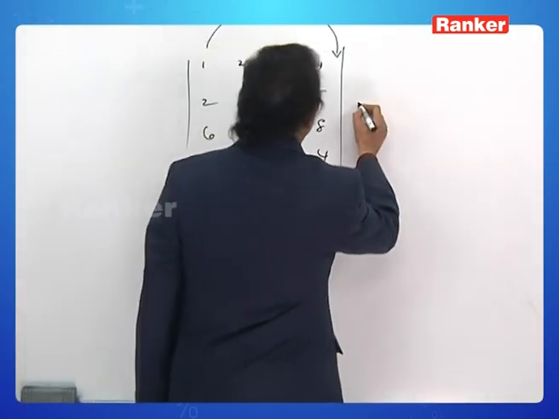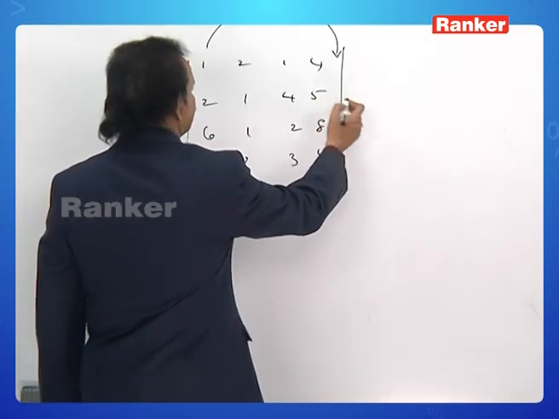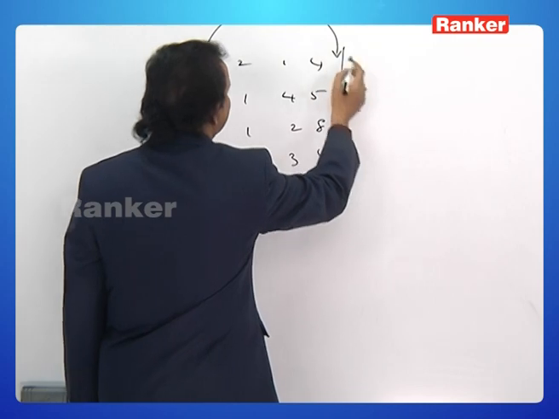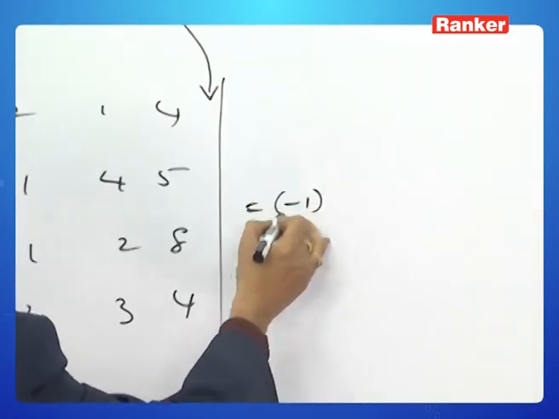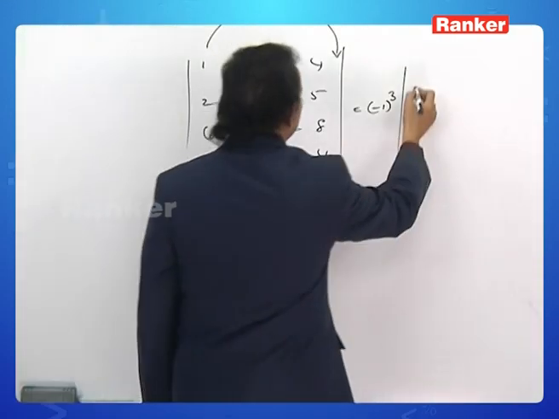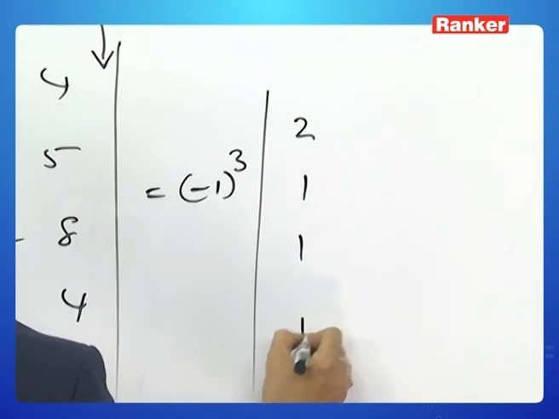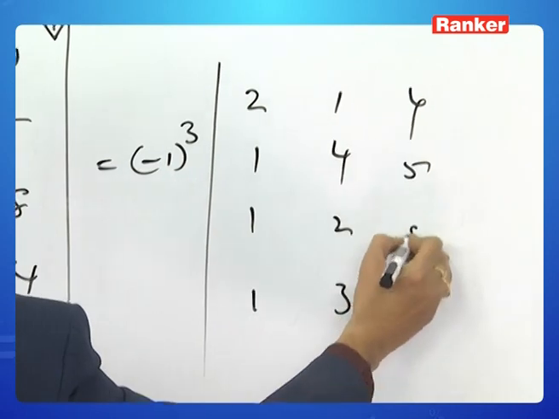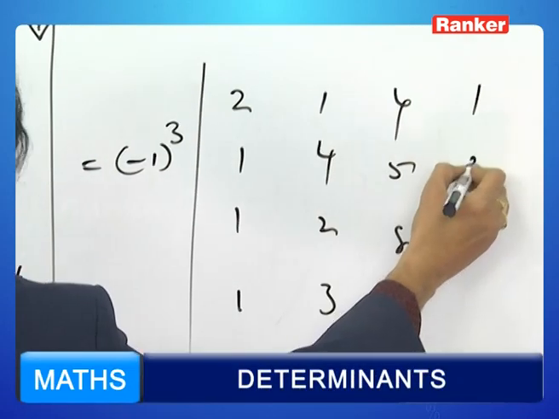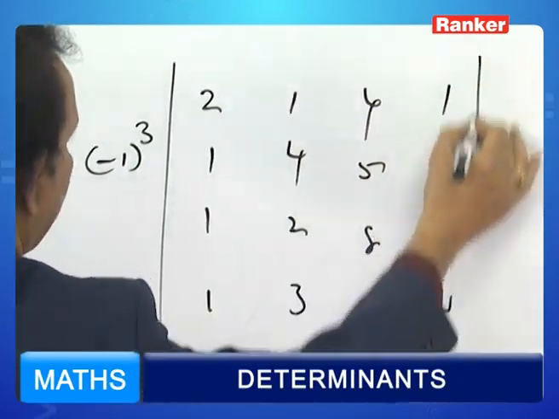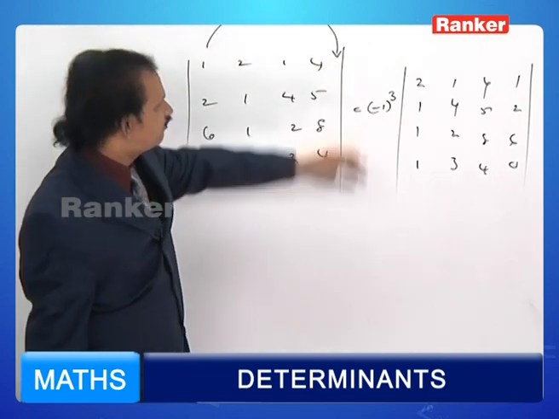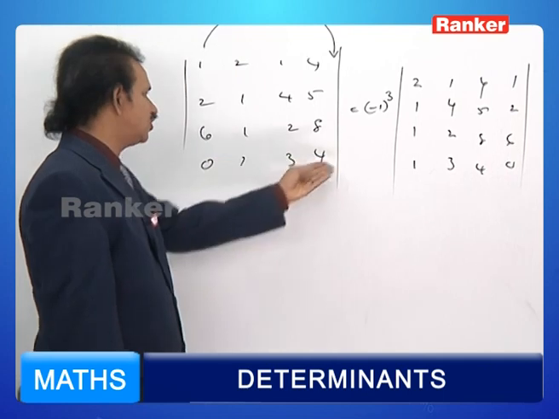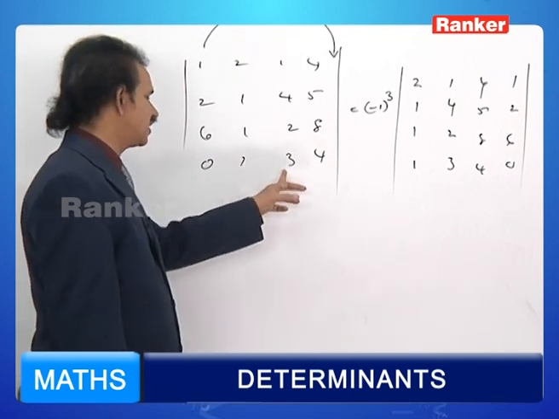Then this is equal to, how many columns you have translated? 3 columns, so (-1)^3 into the determinant with rows 2, 1, 1, 1; 1, 4, 2, 3; 4, 5, 8, 4; 1, 2, 6, 0. You have transferred this to the fourth place.